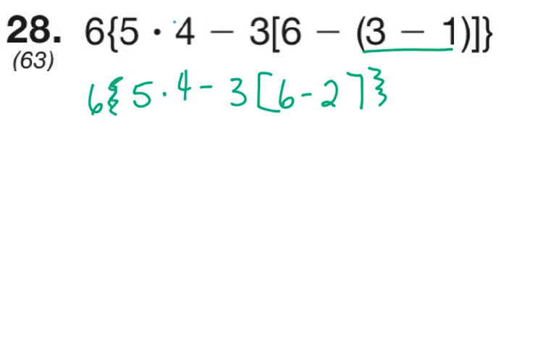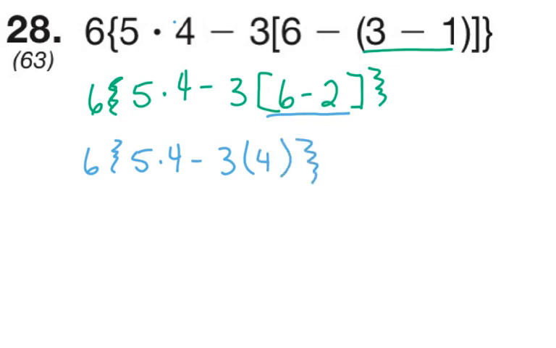So now I'm going to do this right here, 6 minus 2, because it's parentheses within parentheses. So I'm going to do 6 times 5 times 4 minus 3 times 6 minus 2, which is 4. Put this in here.